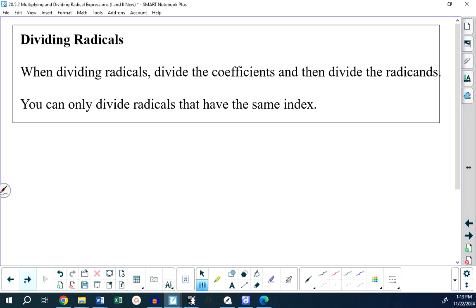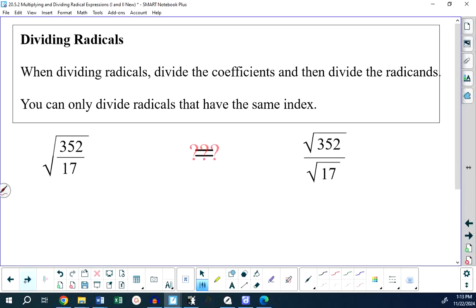When you're dividing a radical by a radical, you divide the top radical by the bottom radical. There's a lot of ways of saying this, but to begin with, can you confirm on your calculator that root of 352 over 17 is giving you the same answer as root 352 over root 17?